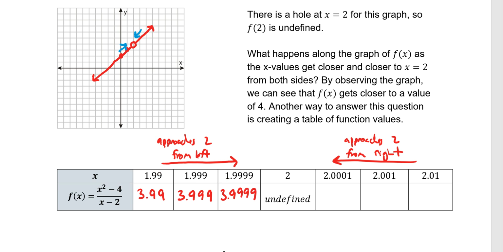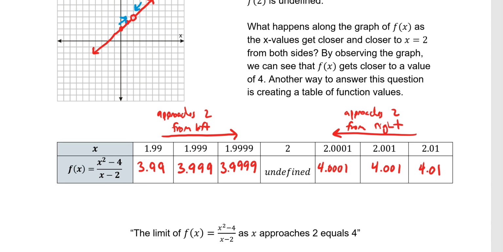So if we do the same thing with these values over here on the right, if we plug these into our function one at a time, I'll just do this kind of quickly here, we would end up getting 4.0001, 4.001, and 4.01. So now what we want to do here is ask ourselves, what are these y values getting closer to from both sides as x gets closer to 2?